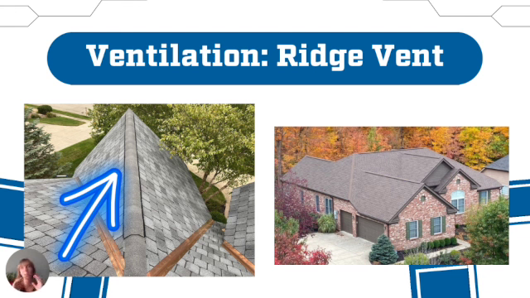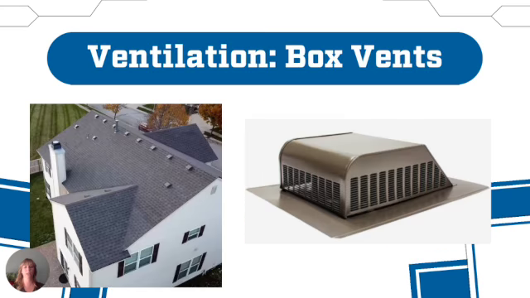It's less ostentatious, less visible than the other kind of vent, which is a box vent. Box vents are generally aluminum and they run along the ridge line just like your roof line would. Most of the time we put them on the back so they're not as visible from the front of your house. They are spaced about every 5 feet or so.